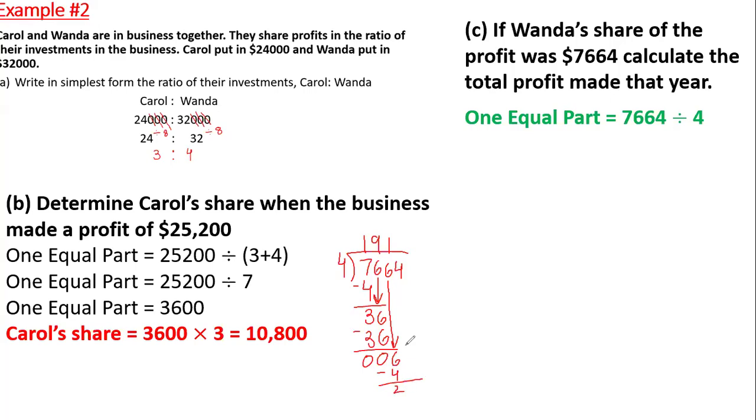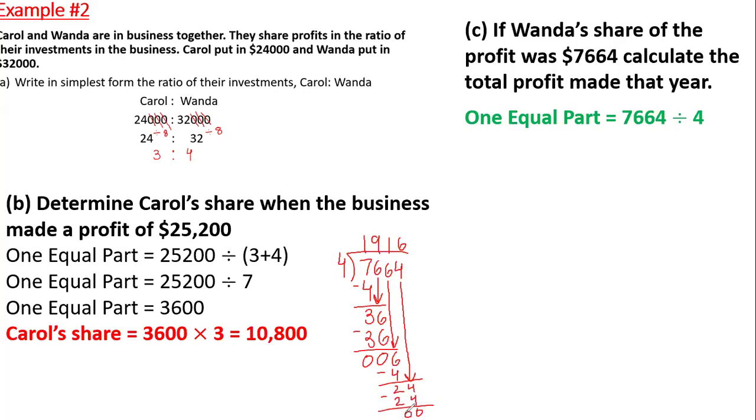Bring down the 4. How many times does 4 go into 24? 6 times. 4 times 6 is 24. 24 minus 24 is 0.